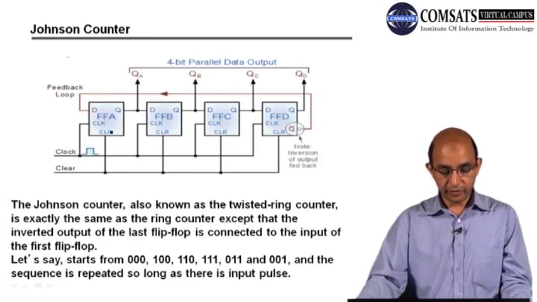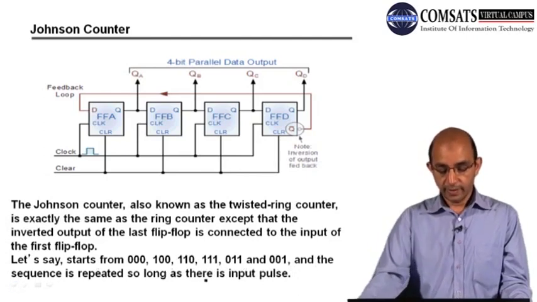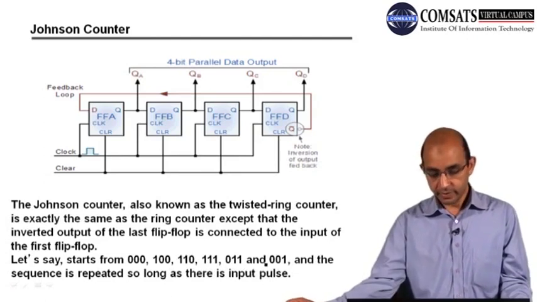So this is something different, and we normally call it a twisted ring counter. The inverted output of the last flip-flop is connected to the input of the first flip-flop. So it will start counting from 0 0 0 0, 1 0 0 0, 1 1 0 0, 1 1 1 0, 1 1 1 1, then 0 1 1 1, 0 0 1 1, and 0 0 0 1, and the sequence is repeated as long as there is an input pulse.